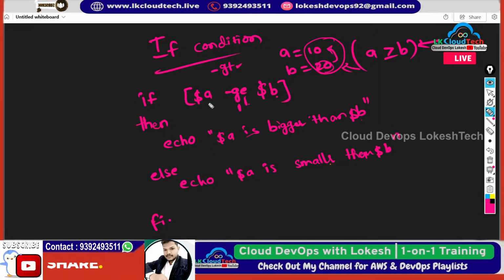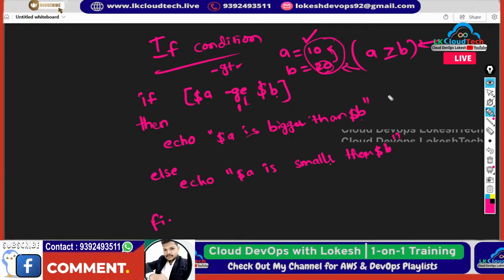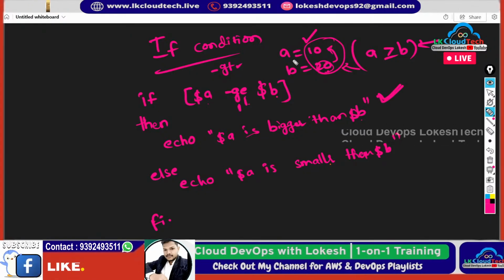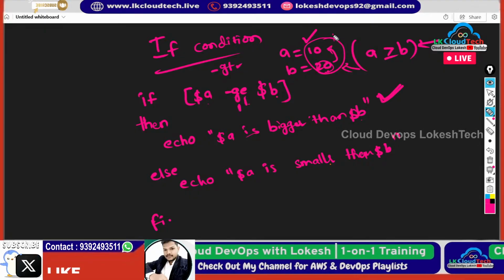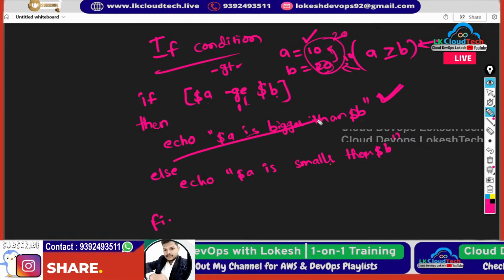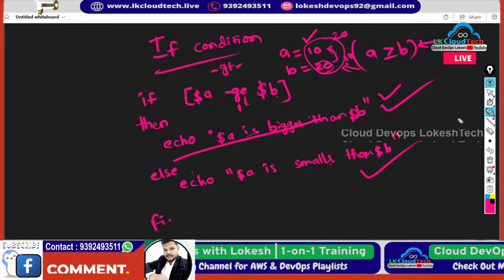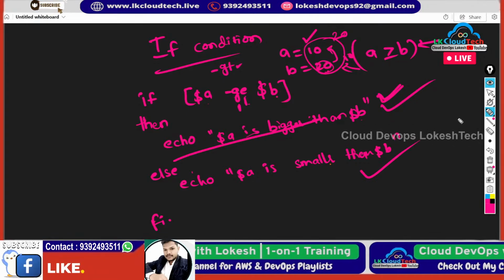If $A is greater than $B, then it will execute. If $A is 20 and $B is 10, in this condition this block will execute. If not, this block will execute. Clear? Yeah, yeah. That's it.